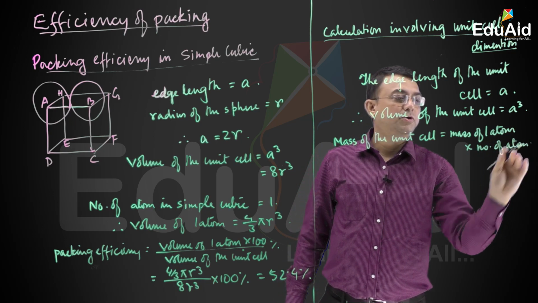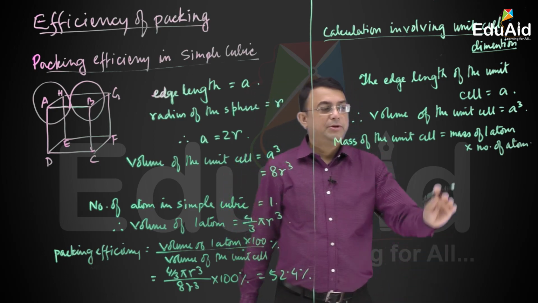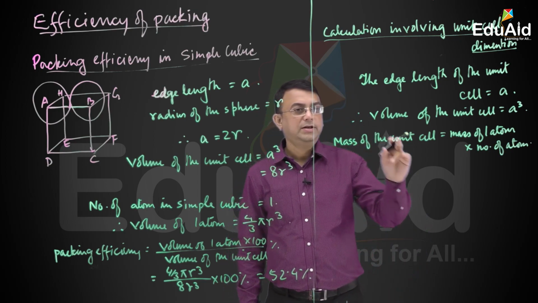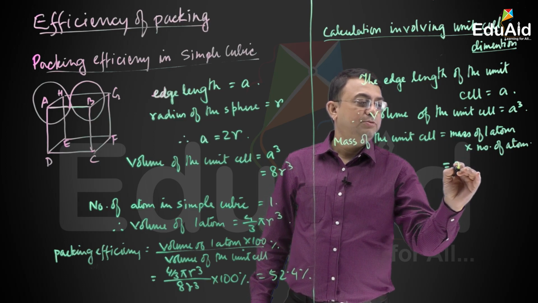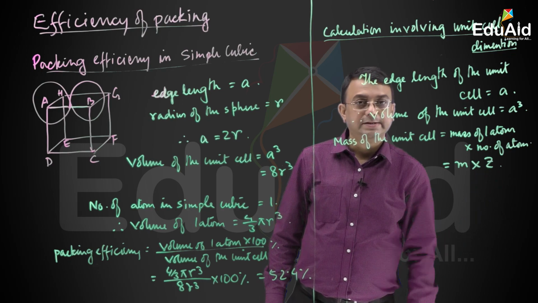What is the number of atoms for primitive? Number of atoms is 1. For body centered, number of atoms is 2, and for face centered, number of atoms is 4. And the mass of one atom we can take as m, and number of atoms is taken as z.